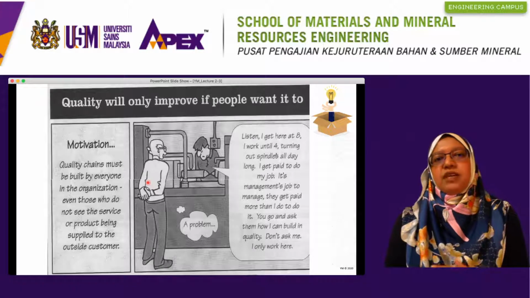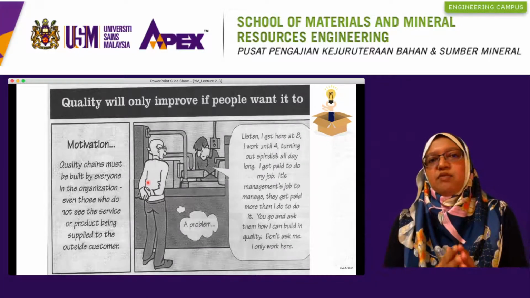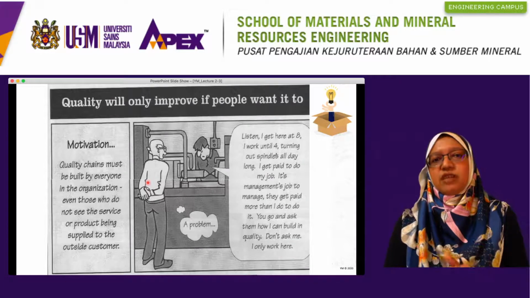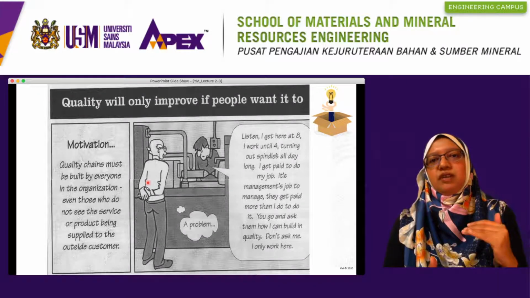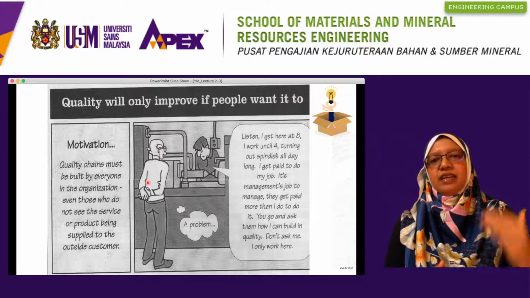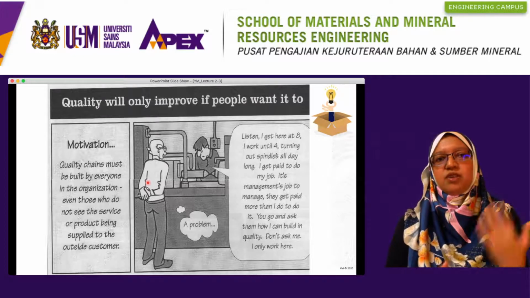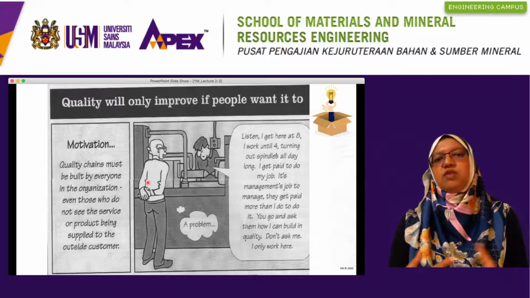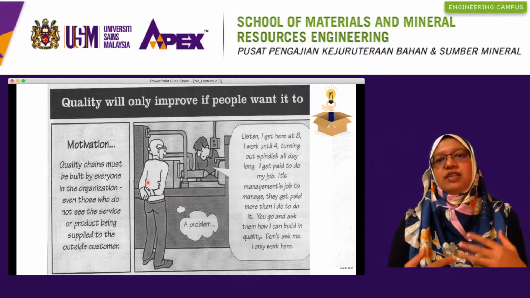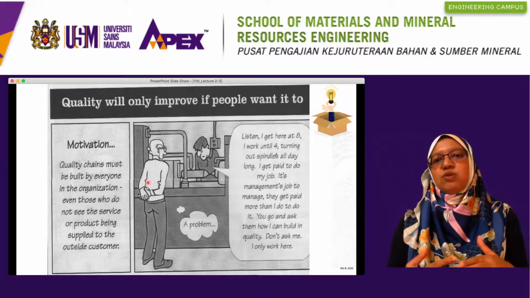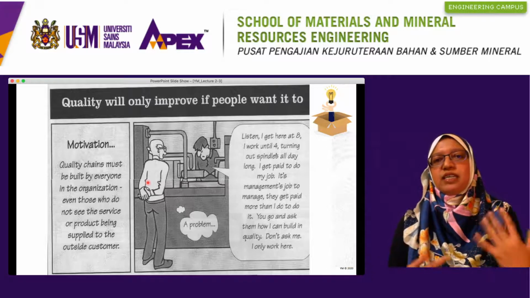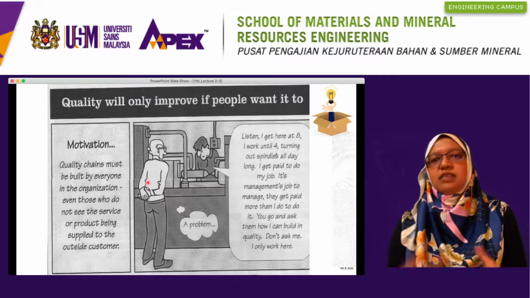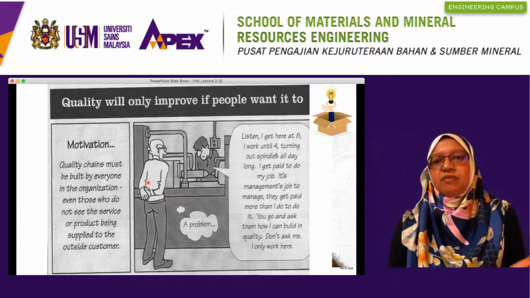If you remember, quality involves everyone in the organization. So the motivation of the staff at every level is really important, because this will determine whether they want to improve the quality or not, whether they bother to understand who their supplier or customer is and what the effect is on the end product.